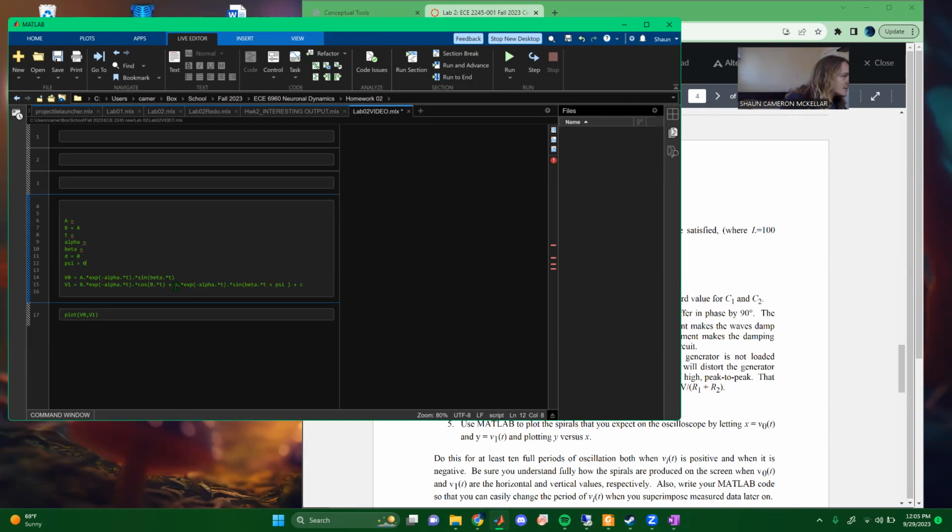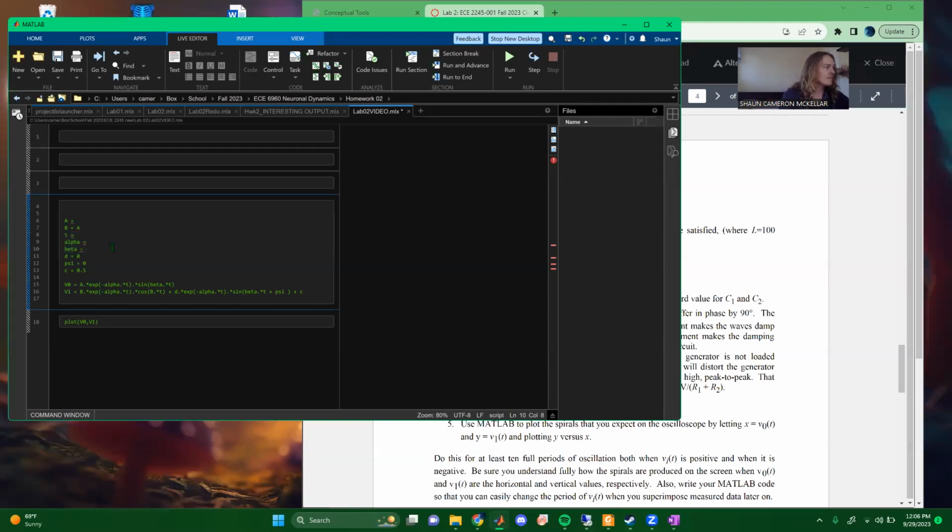Since we set d equal to 0, this part of the equation will never be computed. C is equal to my constant voltage of 0.5 volts. So all I need to fill in at this point are t, my alpha, and my beta term. So that's pretty easy.